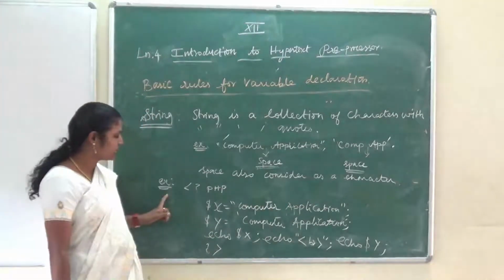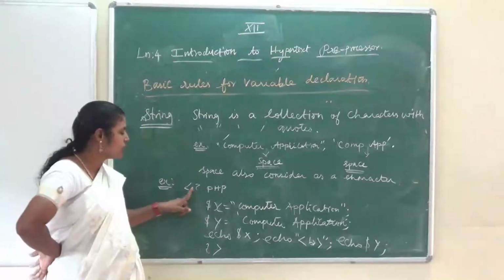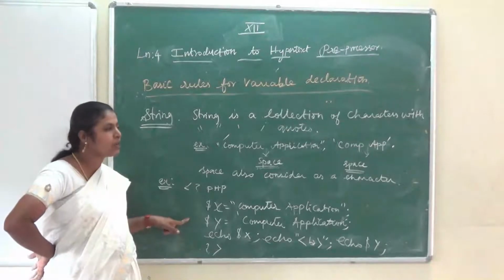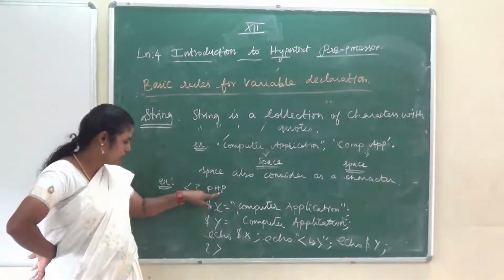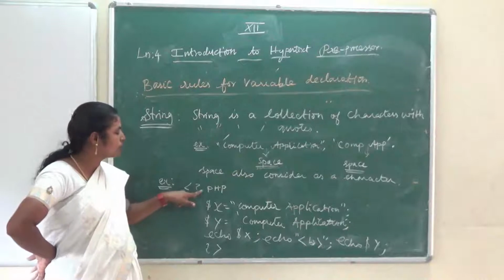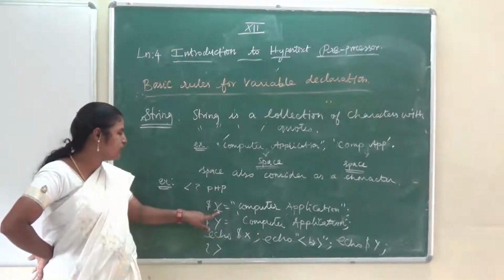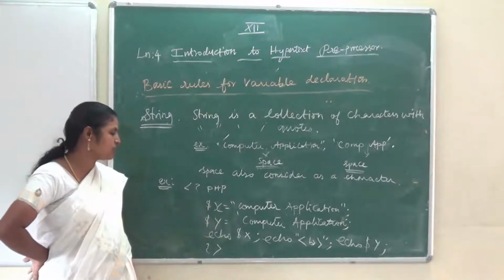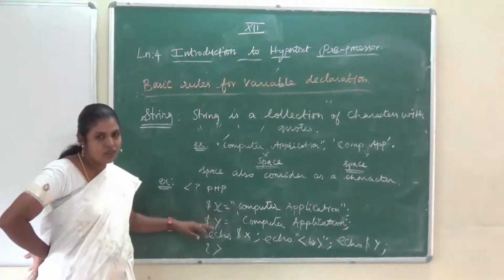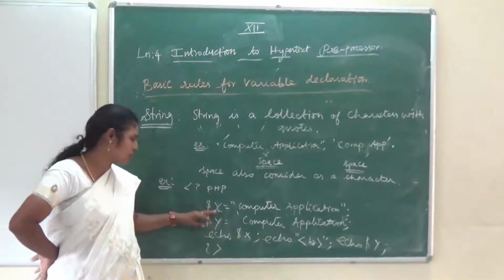Next, I have written one example here. See, each and every PHP program starts with this syntax: less-than, question mark, PHP. Next, we already studied variables. X is a variable, Y is a variable here. Each and every variable starts with the dollar symbol.